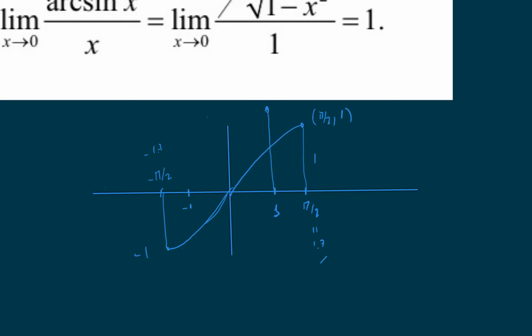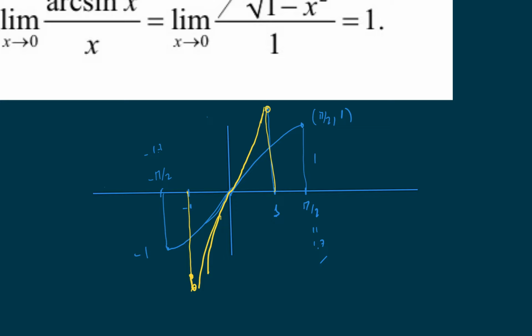So it's here. Let's put the inverse function in yellow. The other point is minus 1 comma minus pi divided by 2. So the arc sine of x does like this. This is the function arc sine of x.